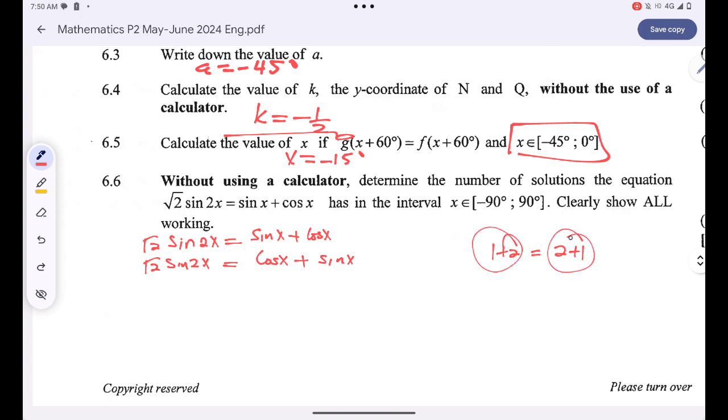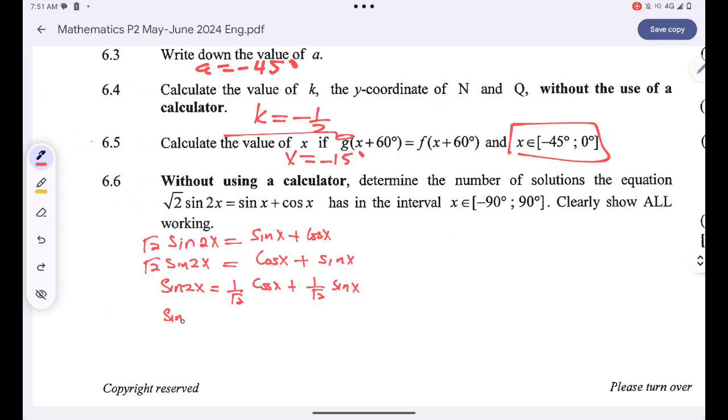The order you decide to place them in doesn't matter. I can simply divide both sides by the square root of 2, and I'll end up having sine 2x equal to 1 over root 2 multiplied by cos x plus 1 over root 2 multiplied by sine x.